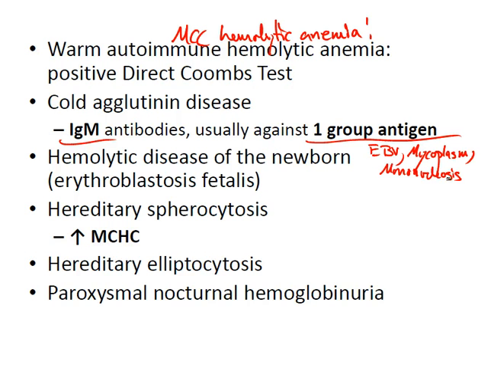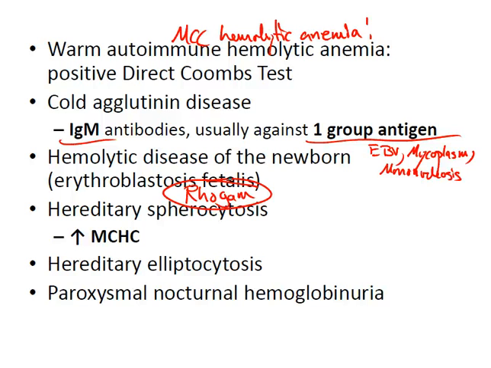So, what about hemolytic disease of the newborn? Well, hemolytic disease of the newborn is erythroblastosis fetalis. It can be prevented by administering something called RhoGAM, an anti-Rh IgG to an Rh negative mother after 28 weeks of gestation and again within 72 hours of birth.